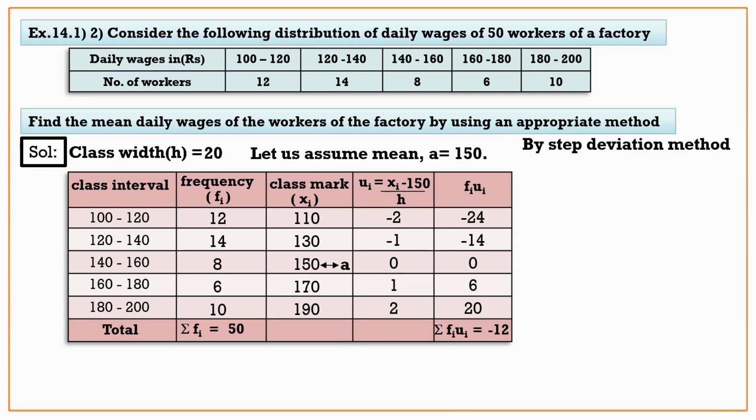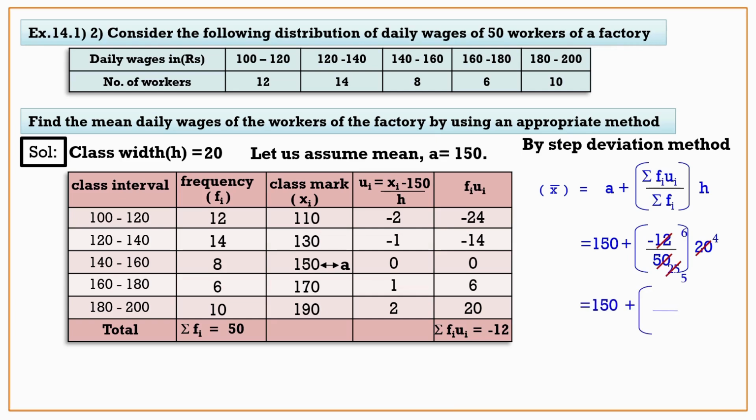So by the step deviation method, we know that the mean x bar is equal to a plus summation of fi ui divided by summation of fi, into h, where h is the class width. Now let's put the values over here. Summation of fi ui is minus 12, divided by summation of fi, which is 50, and the class width is 20.